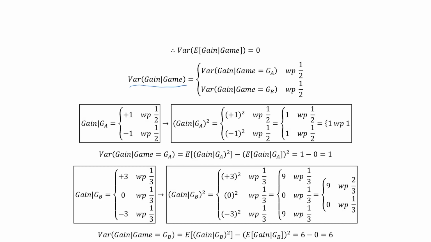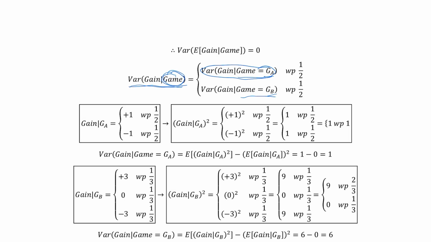And now we need to talk about this expression. We are going to use the same idea, right? This expression is a function of game, and game has two values, A and B. We're going to write it that way. And when we express it that way, it is not a random variable now, it is just a value, a number.